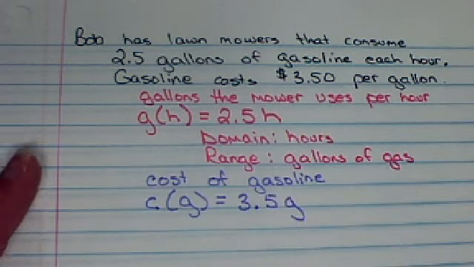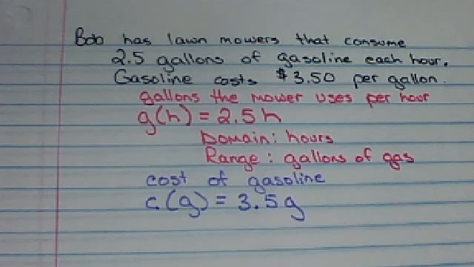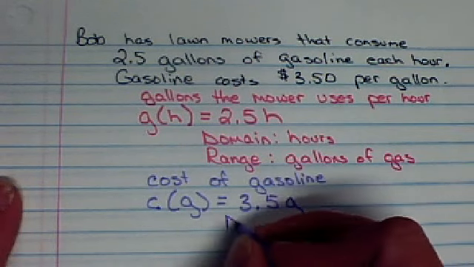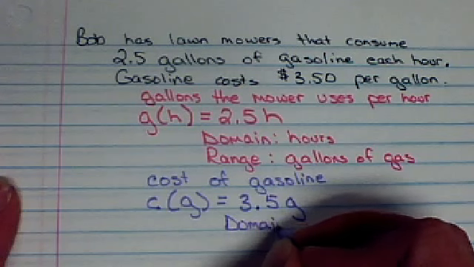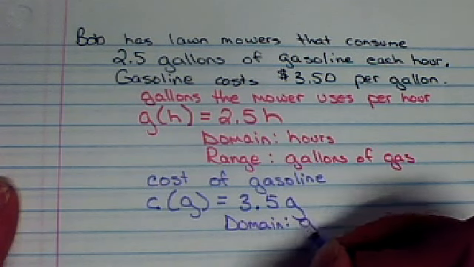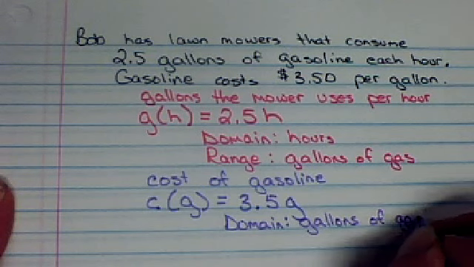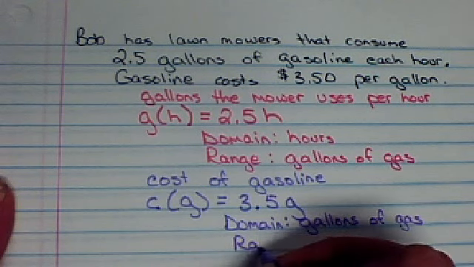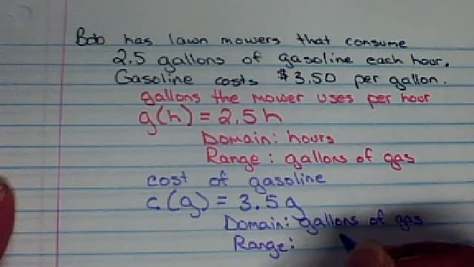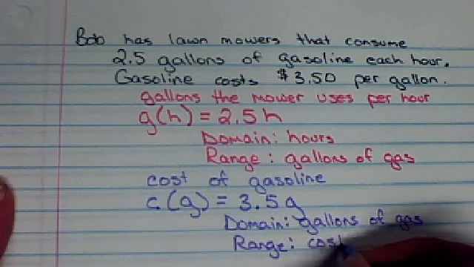So $3.50 per gallon. Notice that we're depending on how many gallons of gas we put in. So this is my independent variable. C is my dependent. My domain would be the gallons of gas. And my range is that cost in dollars.